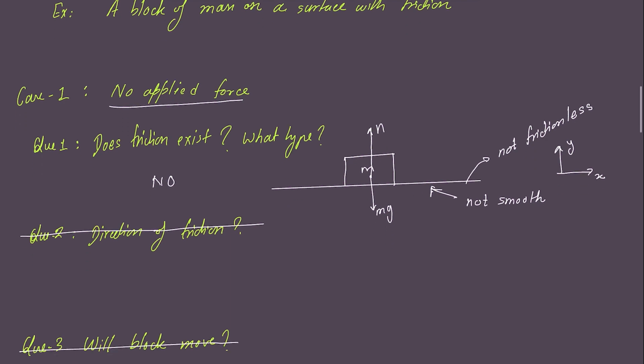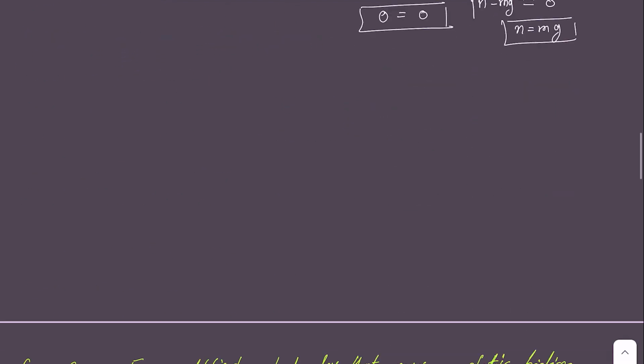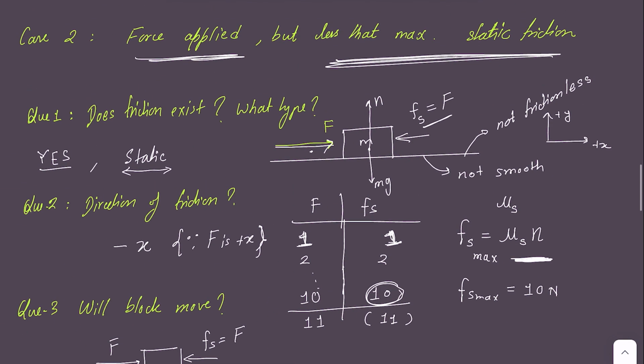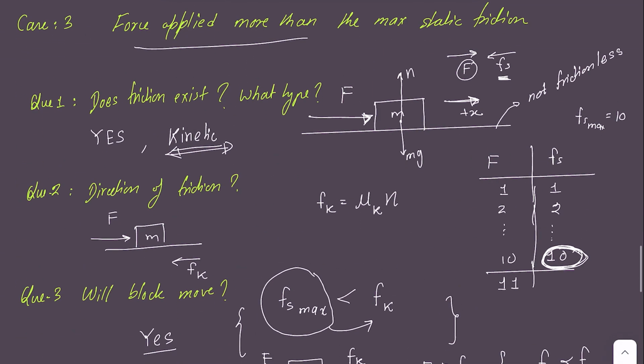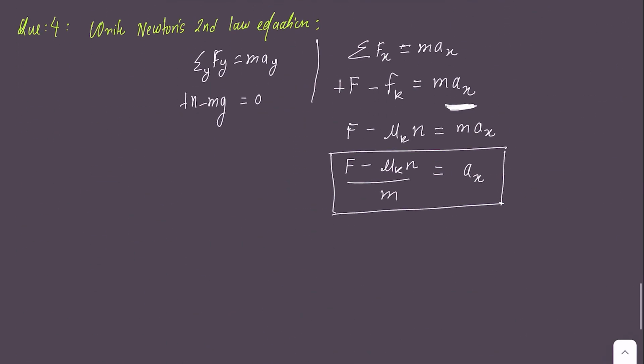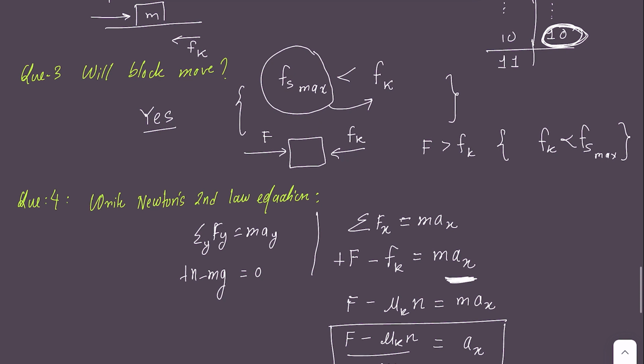First there was no force applied, and we answered a few questions about that. Then the second case was where the force is applied, but it is less than the maximum value of static friction, and we answered a few questions. And we saw the very last case, where the force applied was more than the static friction, and then we answered a few questions. We also figured out the acceleration, because this is the case where the block will move.